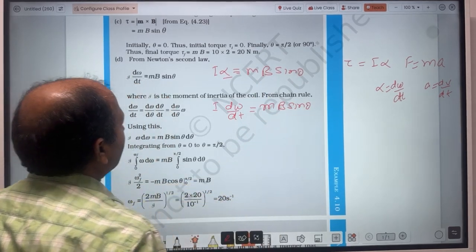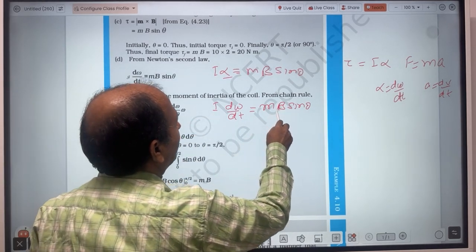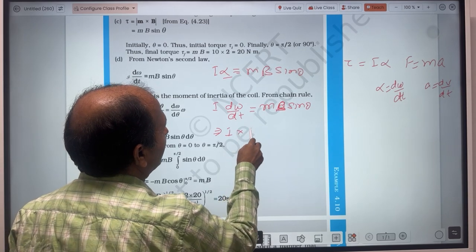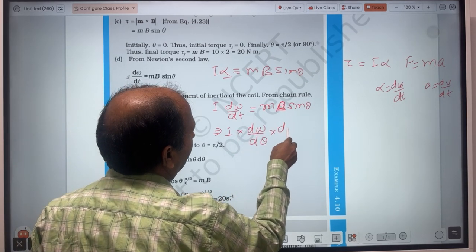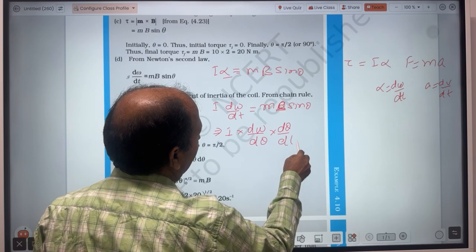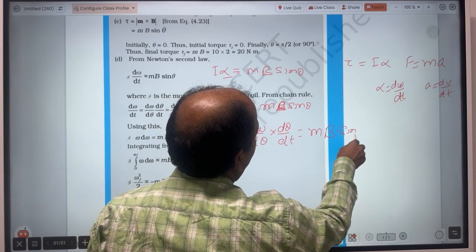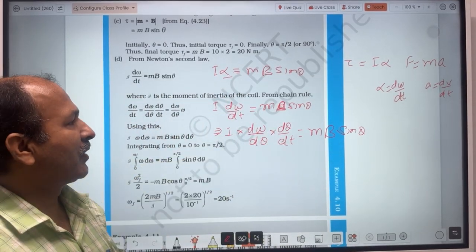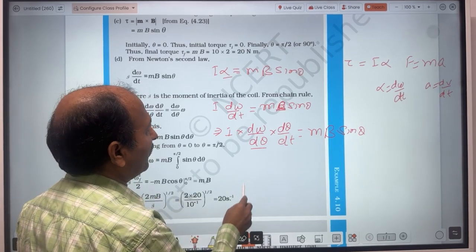Now, to involve theta in d omega by dt, we write I times d omega by d theta times d theta by dt, equal to M B sine theta.